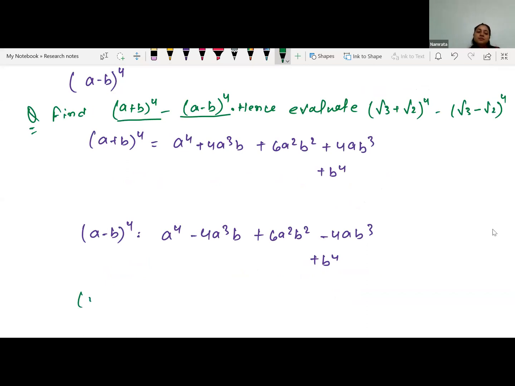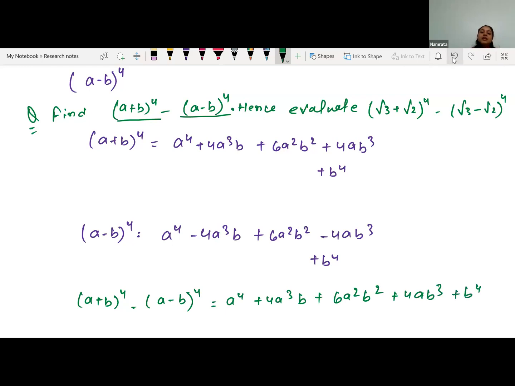Already you have found a plus b and a minus b to the power 4. Let's do the subtraction. If we subtract it, can you see this term cancelling? It's subtracting, so each and every sign will change. So first we'll have a to the power 4 plus 4a cube b plus 6a square b square plus 4ab cube plus b to the power 4. Now can I change the sign of each and every term over here, because there is a subtraction sign?